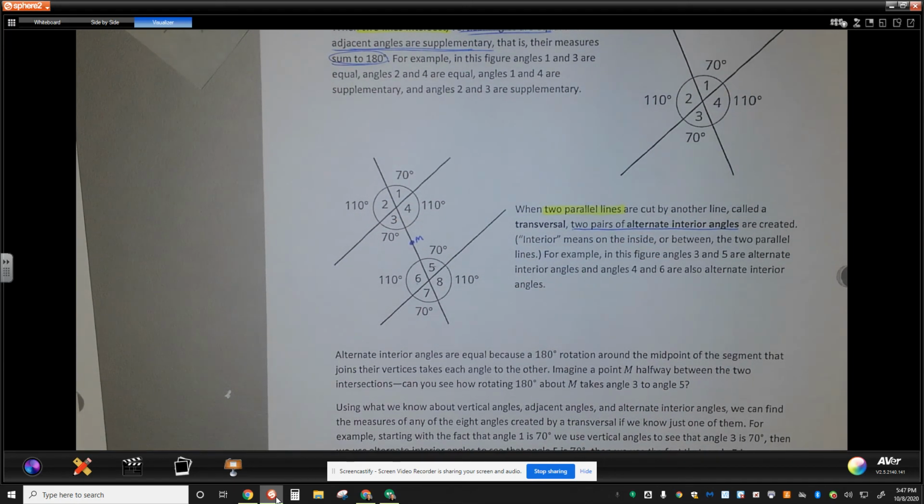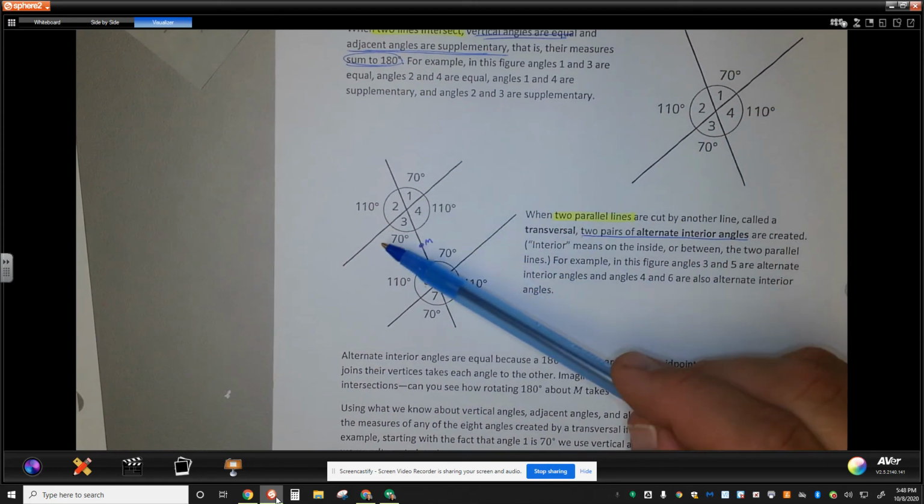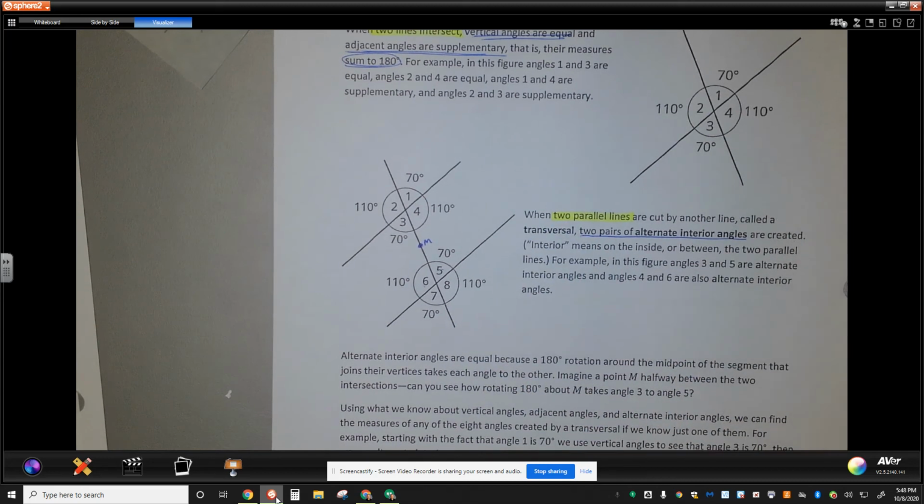We know that this rotation proves congruence because it's a rigid motion. Using what we know about vertical angles, adjacent angles, and alternate interior angles, we can find the measurements of any of the 8 angles that have been created by a transversal that comes through any two parallel lines.